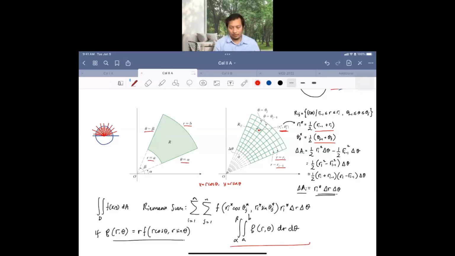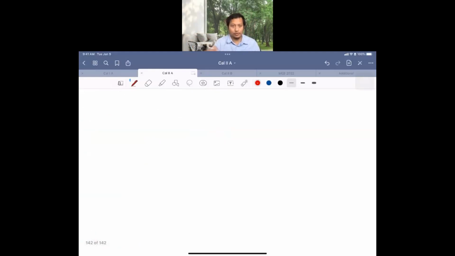Okay, let me move to this one. So in conclusion, if we have the double integral and you want to convert it to polar, let me write the definition in terms of the limit as m and n go large.